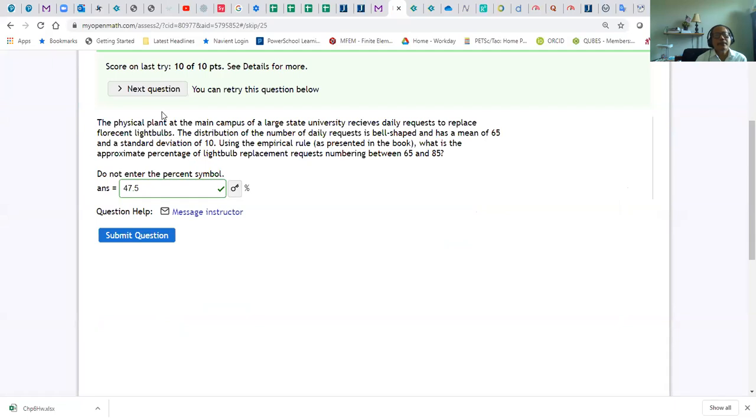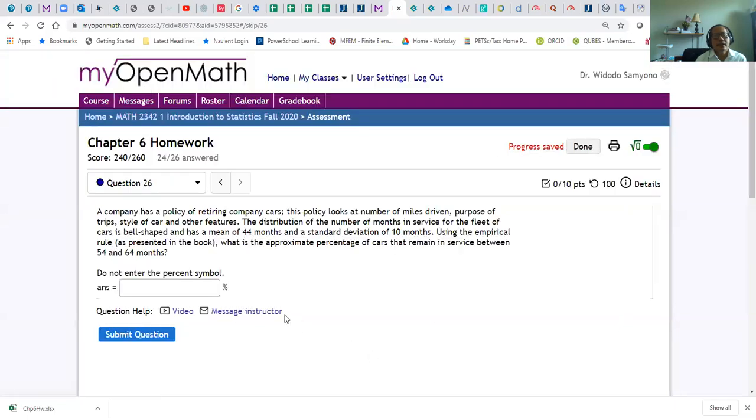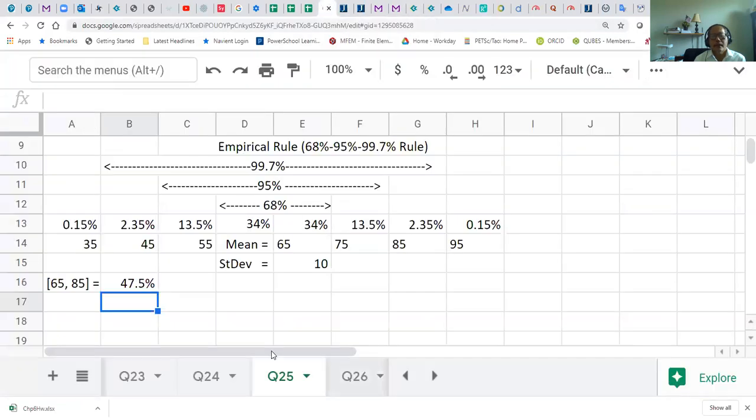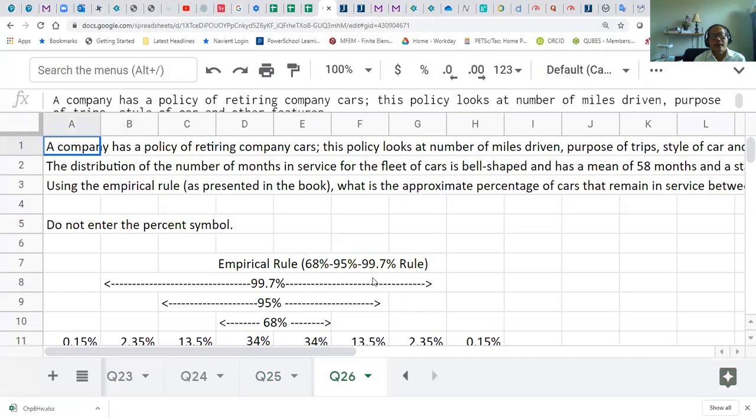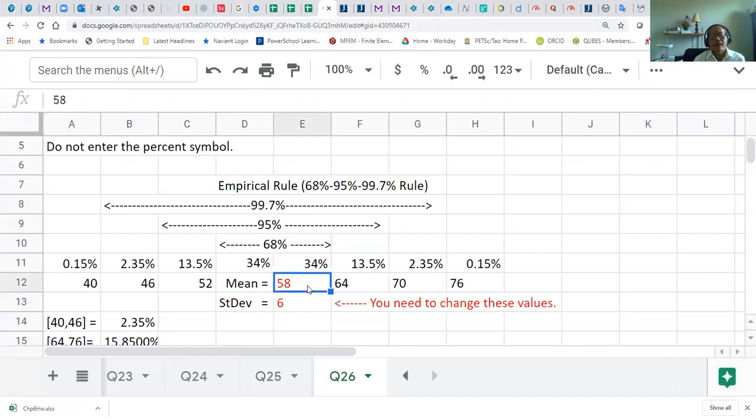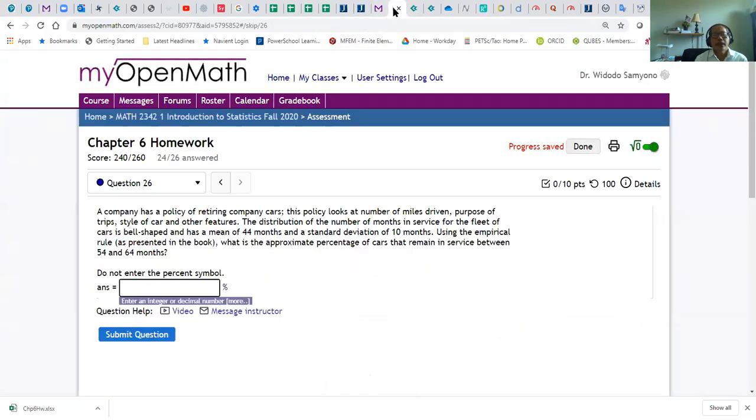Yeah, so the same thing for the last problem. So you need to change the mean to 44 and the standard deviation is 10. And you're looking for the area between 54 and 64.